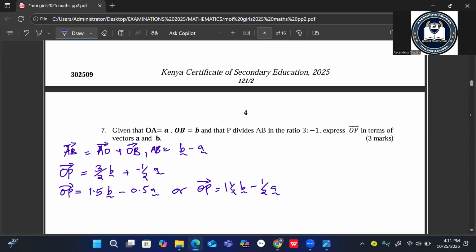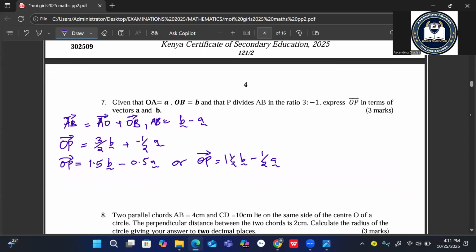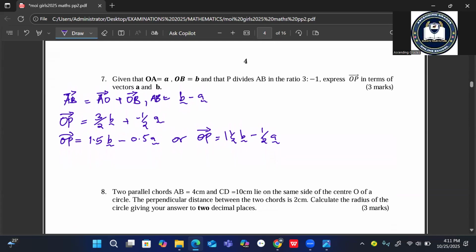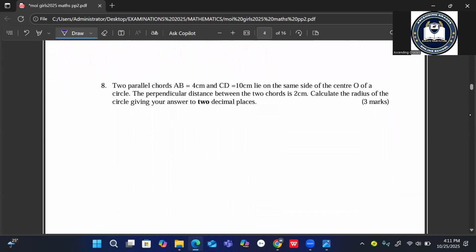So you either have vector OP equal to 1.5 B minus 0.5 A, or vector OP equal to 1.5 B minus half A. One is in decimal places and the other one is in fraction. So that is the only difference. So you can have it in either of the two. So with that, you get your 3 marks. Then you move to the next question, that is number 8.